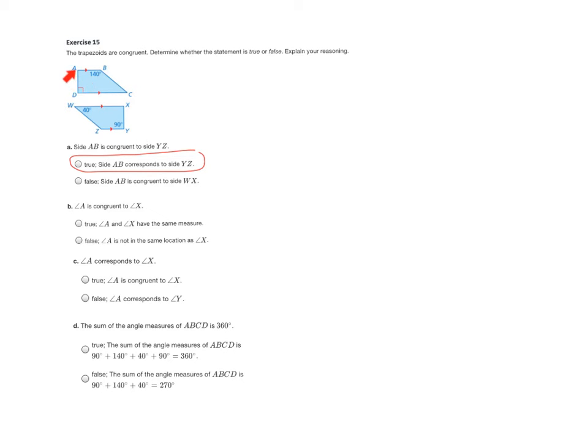But I wonder if there's enough information. Well, these are parallel, because, see the little red triangles here? These are parallel. And if we drew a line through, and one of them was 90 degrees, you know the other one is also going to be 90 degrees. So I'm going to say for B, true.